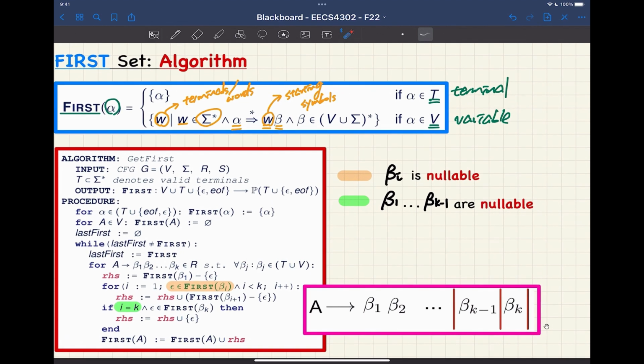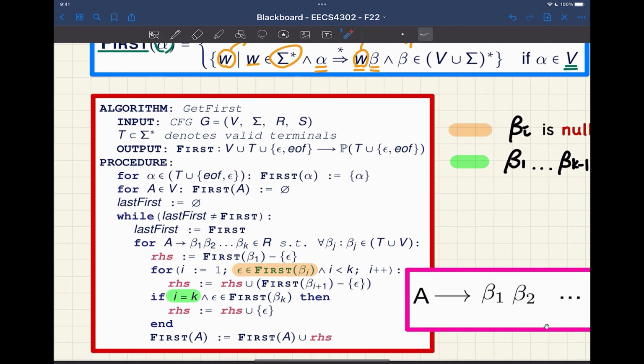So this is the algorithm over here. It's simply called get first. The input will be a context-free grammar with variables, terminals, rules, and also a start variable. You can see T here is simply a terminal. That's fine. What will be the output? This is something I want to emphasize. The first over here, remember this symbol that we spoke about maybe back in the DFA or NFA formulation.